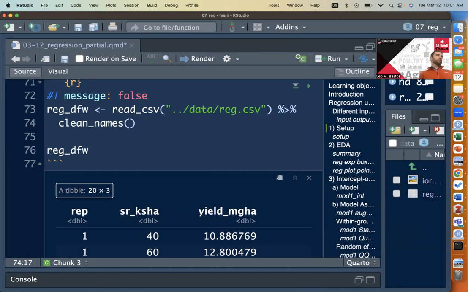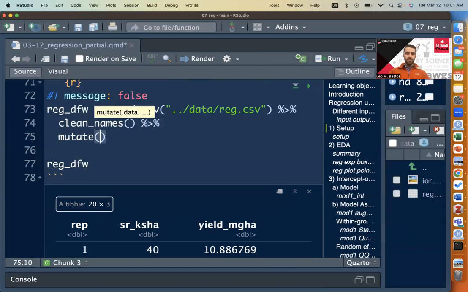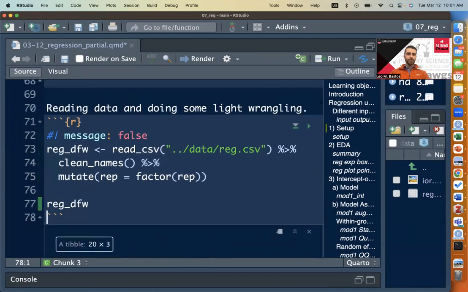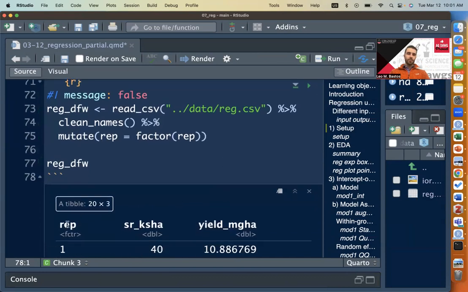Block should be a factor here because block 2 is not 2 times larger than block 1, right? That is just the way that we refer to them numerically, but they don't have numerical meaning here. So let's go ahead and use a mutate where I want to say rep equals factor of rep. So you want to have your blocks being factor.